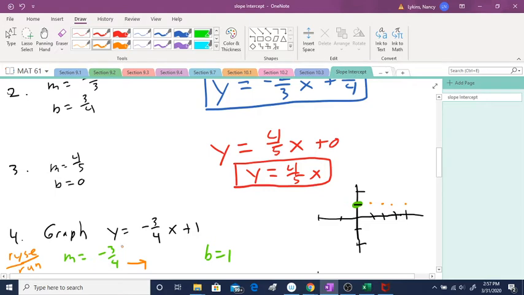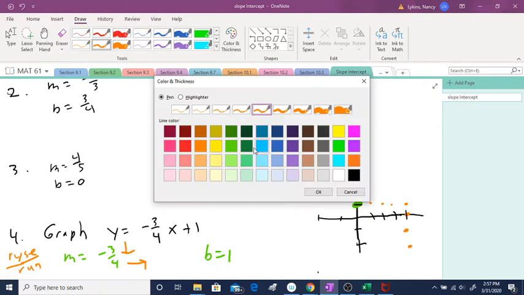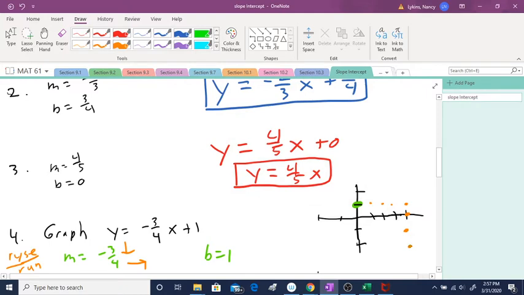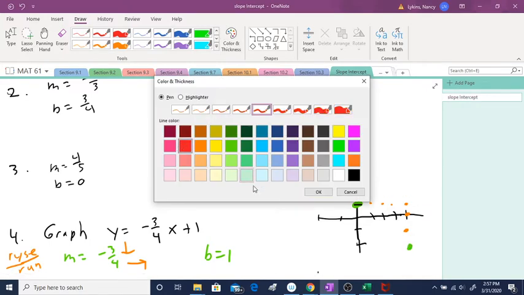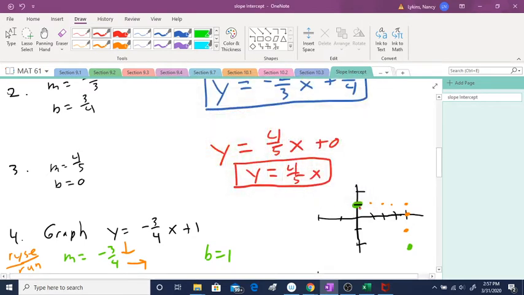And then I'm going to go down 3. So right here, I'm going to go down 3. 1, 2, 3. This is my new point. So my line would go just like this. Now notice I'm over 4 and down 3. That is part of my fraction.